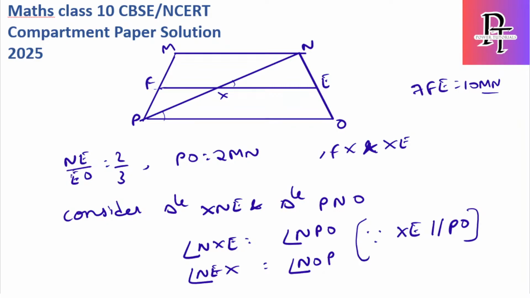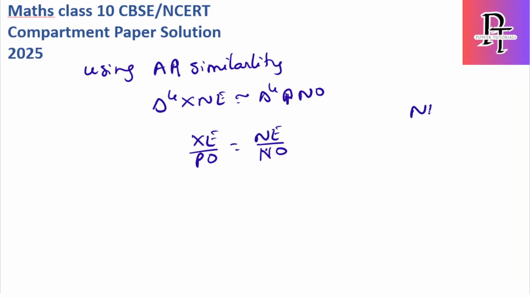So NE by NO will become... If NE by EO is 2 by 3, then I can say NE by NO will become 2 by 5. Why? Because it will be the addition of these two, 2 plus 3.